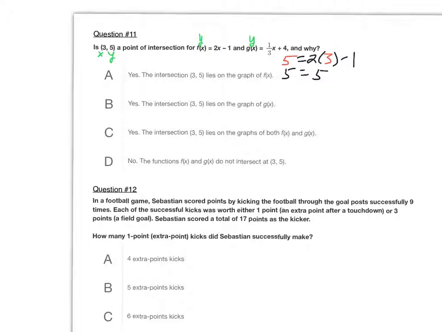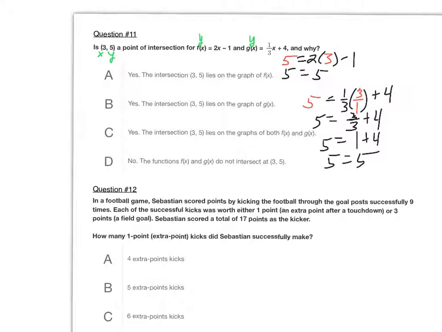Then the other equation, instead of y, we're going to put in 5 again, equals 1/3 times, and instead of x, we're going to put in 3 over 1 because we're multiplying 3 to the fraction 1/3, so I always want a fraction being multiplied to a fraction, and then plus 4. So the left is 5, and then 1 times 3 is 3, 3 times 1 is 3, plus 4, so 5 equals 3 divided by 3 is 1, plus 4, 1 plus 4 is 5.